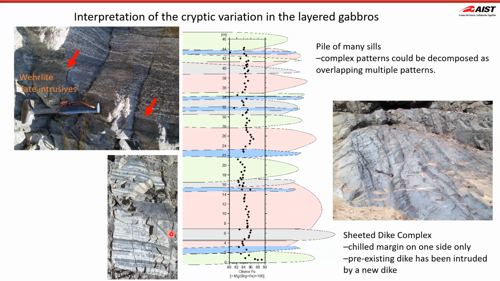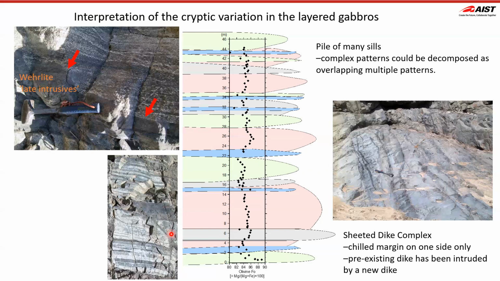Thanks. What do you see as the time difference between the wehrlite-related second phase intrusions and the first phase actual ophiolite? How much time do you see occurring between those two? I think it's quite a short time because intrusion is only in rich regions.